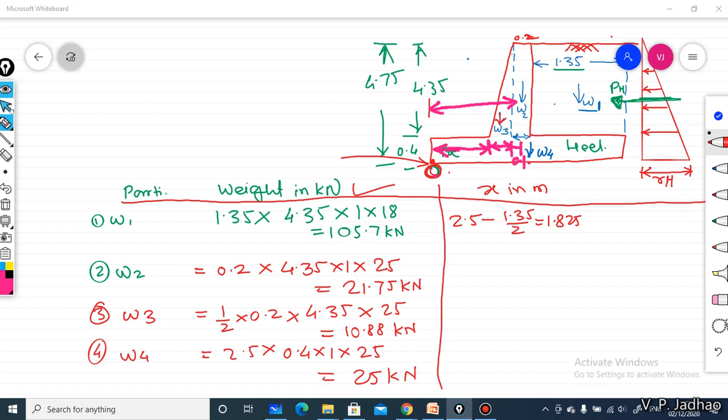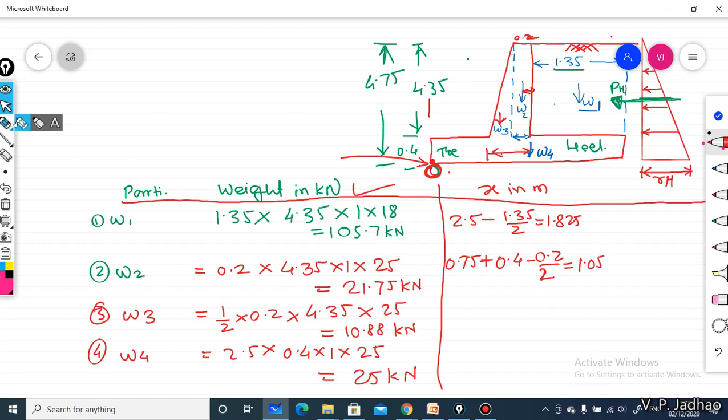So x will be 0.75, that is the toe projection, plus 0.4, that is the total width, minus this particular width of 0.1, that is 0.2 by 2. This comes out to be 1.05 meter.